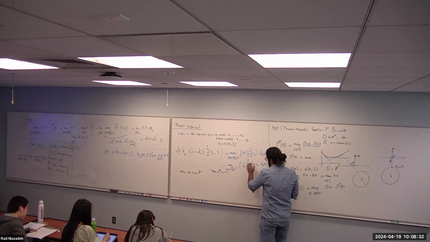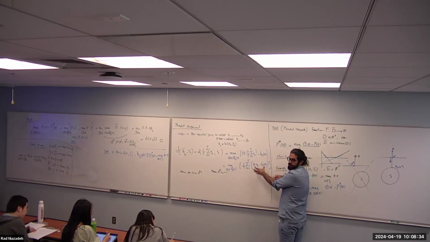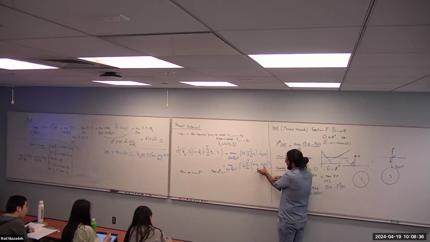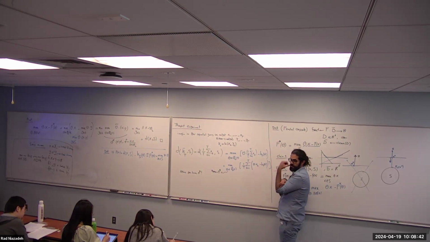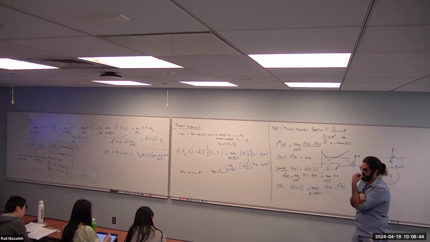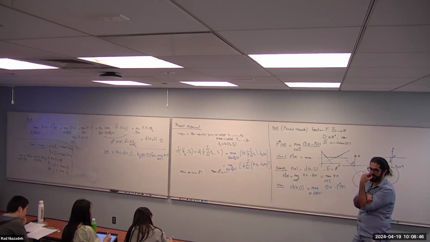But theta star is given to you, so you want to minimize at each step. I claim there is a strategy that guarantees this quantity is negative. Does anyone know what that is?